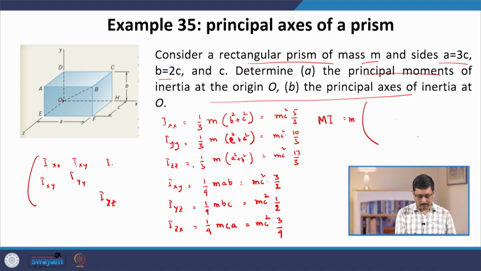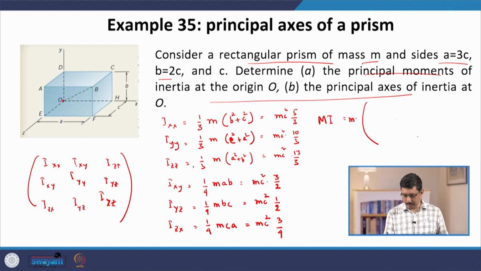Then the Iyz terms, and by symmetry Izy is Iyz, and the Izx term is the same as Ixz.